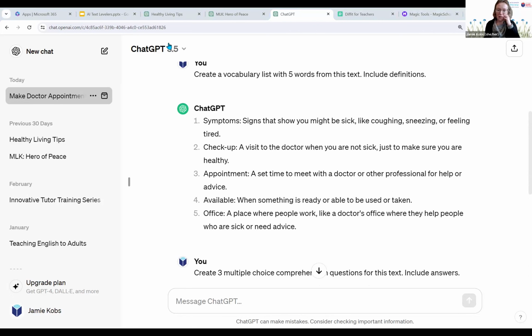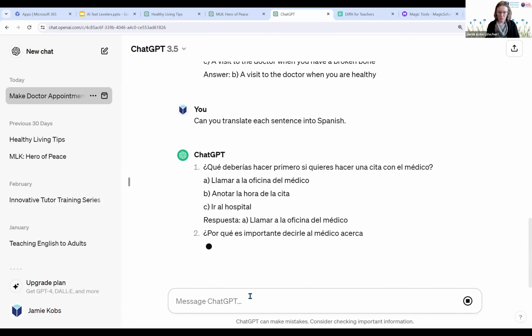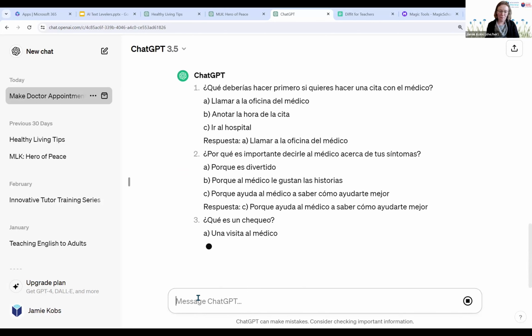That's a great prompt. So can I ask it to create a text in English with the same text in Spanish on the next line? Probably isn't exactly what you want, but oh, it's doing my questions instead.